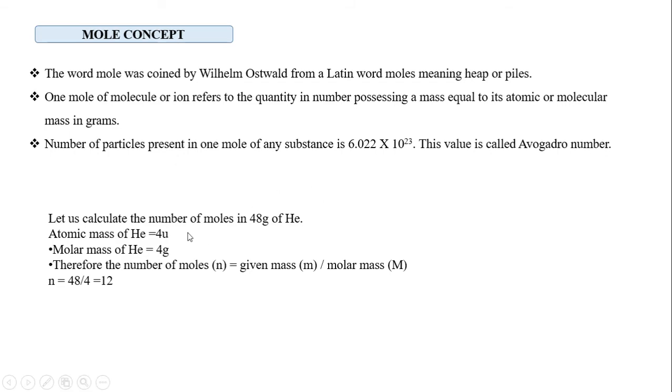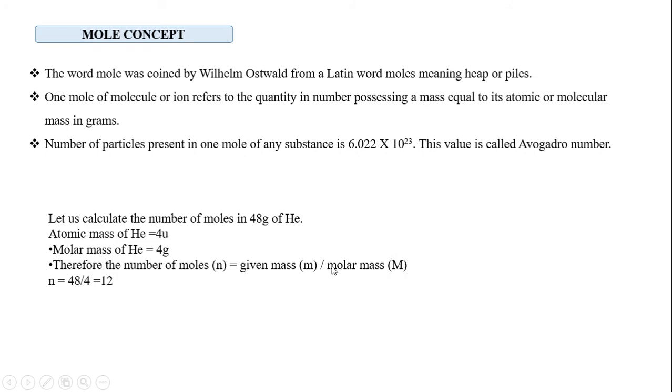For example, calculate the number of moles in 48 grams of helium. What is the formula? To find the mole, n is equal to given mass by molar mass. Given mass is represented by small m, molar mass is capital M. We need to calculate the molar mass.